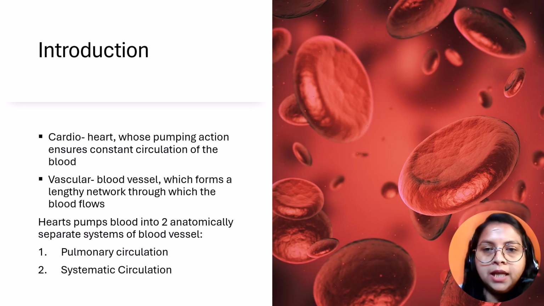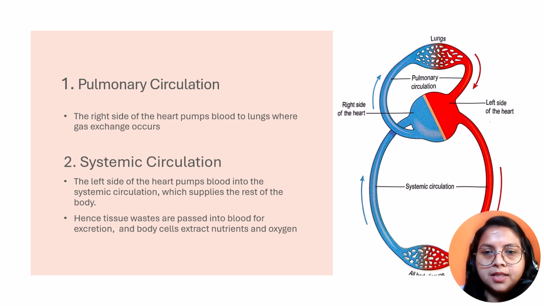Together they form an integrated system that transports essential substances to and from the body tissue, and the heart pumps blood into two anatomically separate systems of blood vessels, that is pulmonary circulation and systemic circulation. Through pulmonary circulation, the right side of the heart pumps deoxygenated blood to the lungs, where gas exchange occurs.